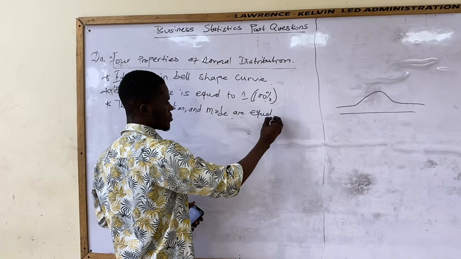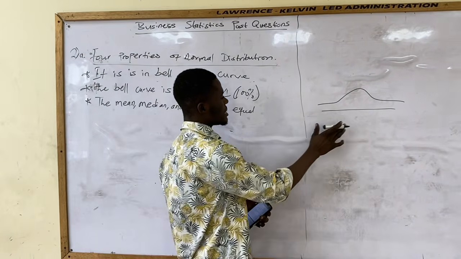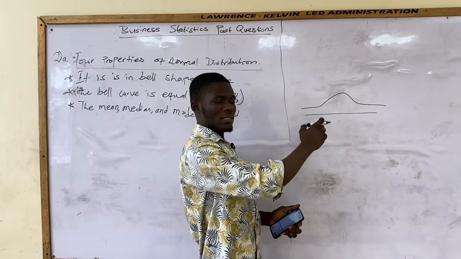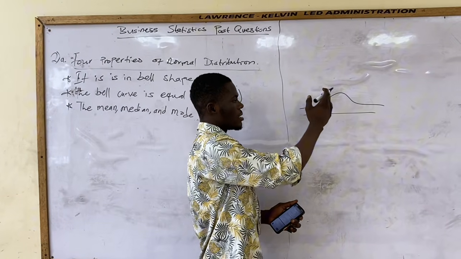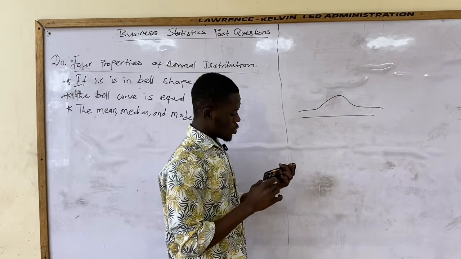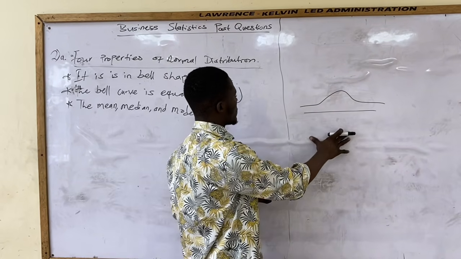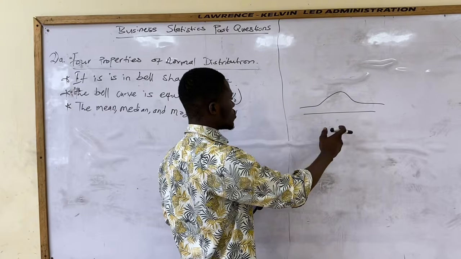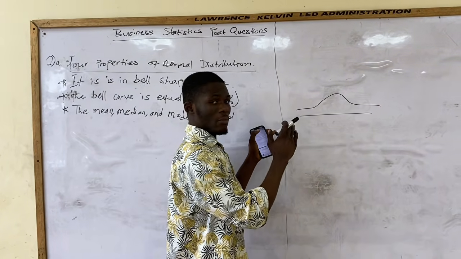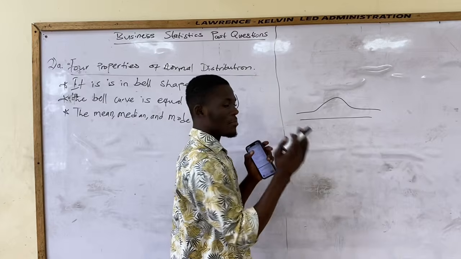Okay, so since the total is equal to 1, if we divide it by 2, we get 0.5 on the negative side and 0.5 on the positive side. So both sides will be the same, and it is going to be symmetric.